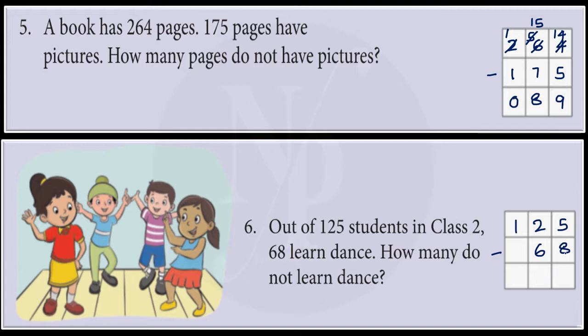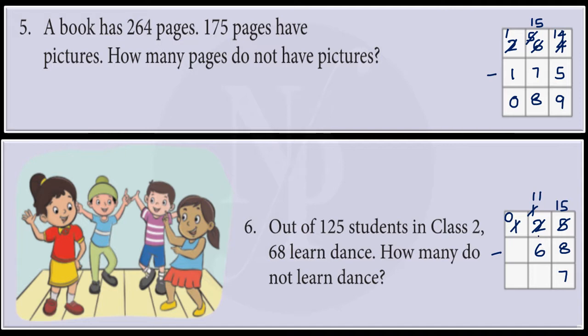So let's subtract now. Subtracting 8 ones from 5 ones is not possible. We regroup the digits. It becomes 110 and here it becomes 15 ones. Subtracting 8 ones from 15 ones you get 7 ones. In tens column to subtract 6 tens from 1 ten is not possible. So we make this 100 as 0 hundreds here, and now this becomes 11 tens.